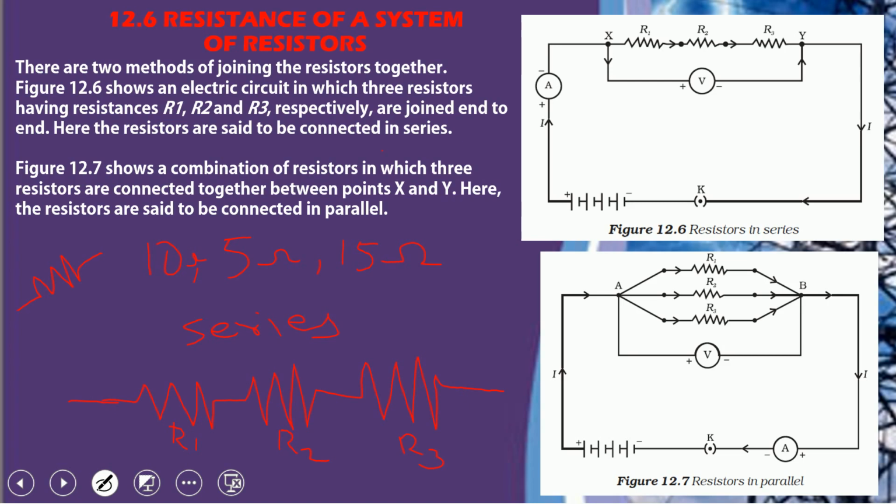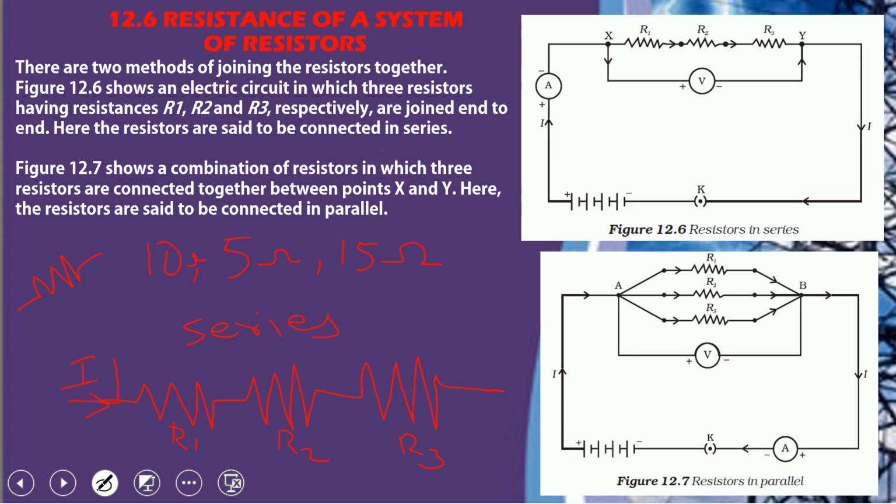When these resistors are connected end to end, the current will pass through them. The same current will pass through all the resistances.